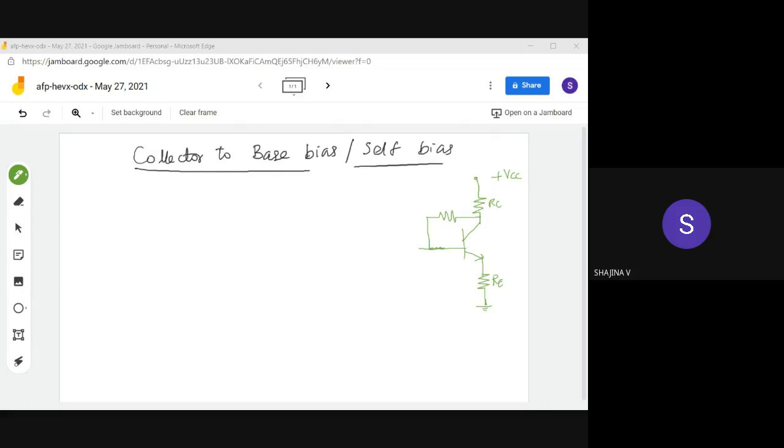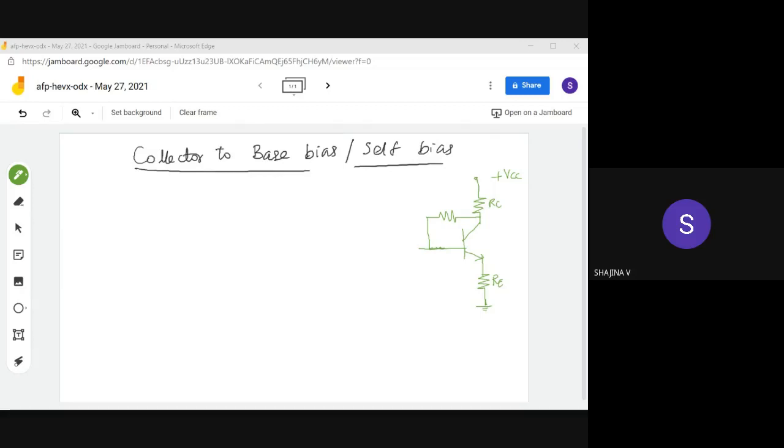Now let us see the currents and voltages. We can assume the collector and emitter voltage to be VCE, and let IB be the current flowing through this path, and IE the current flowing through the emitter resistor.